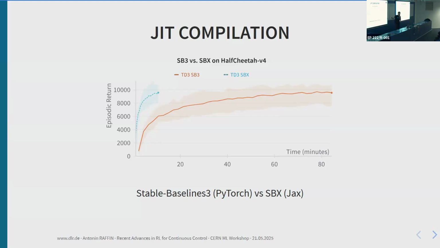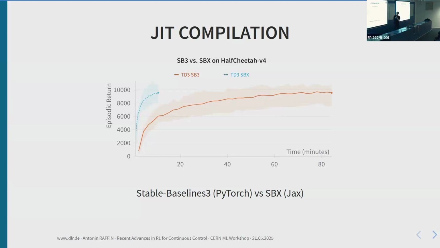On the x-axis, you have the time taken to train a particular agent. On the y-axis, you have the performance. Here I'm training the same algorithm on the same environment with the same hyperparameters. The only difference is that in one case I'm using PyTorch, and in the other case I'm using JAX.